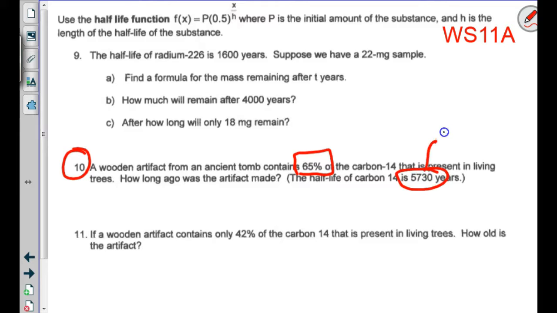So 5730 is the length of a half-life. That's our H. We want there to be 65% remaining of the original. Anybody know how we could do that?